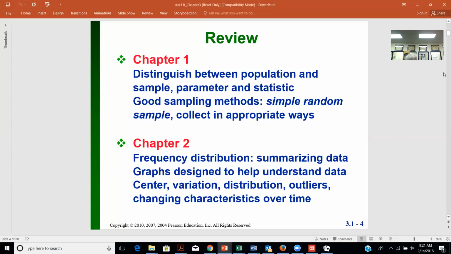So then there is our ratio data, which has a true 0 point. If you're looking at scores on exams, somebody can literally get everything wrong and score 0.